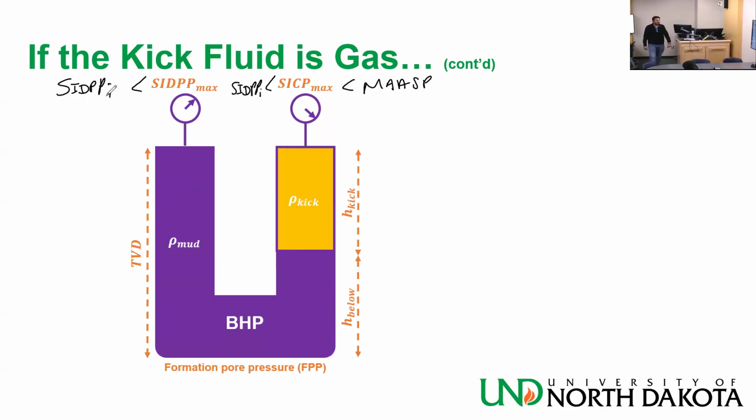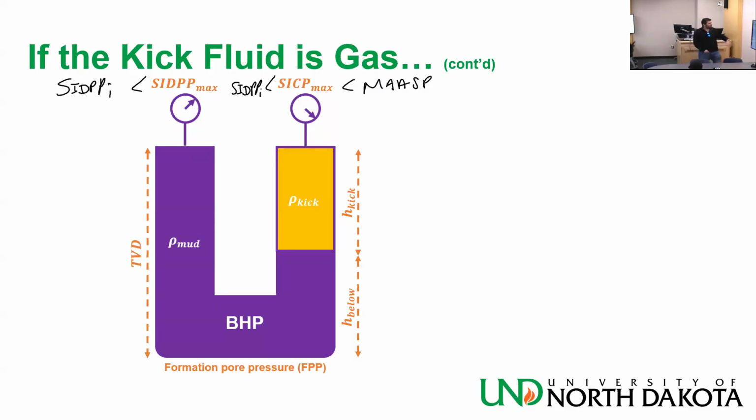Again, hypothetically, that should be SICP initial with a SI. When you're talking about the casing pressure, why are you talking about SIDPP initial? Because that's the point at which you basically get the kick.